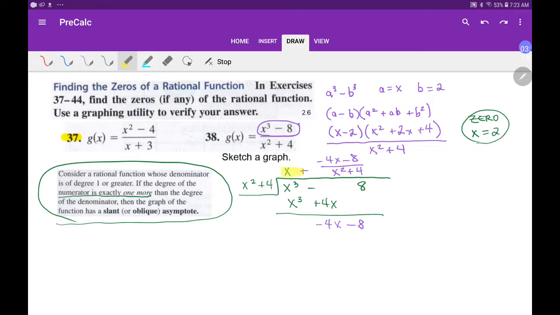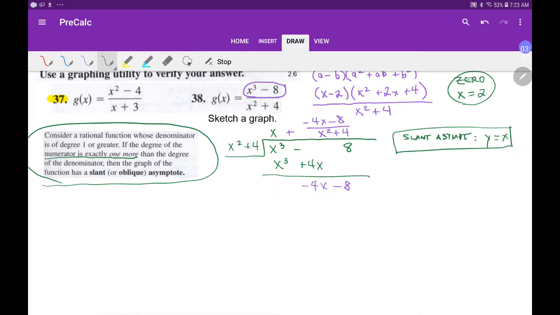So the main thing that we're looking at is the x. So my oblique, or slant, asymptote is y equals x, just x. And I can ignore the remainder pretty safely.